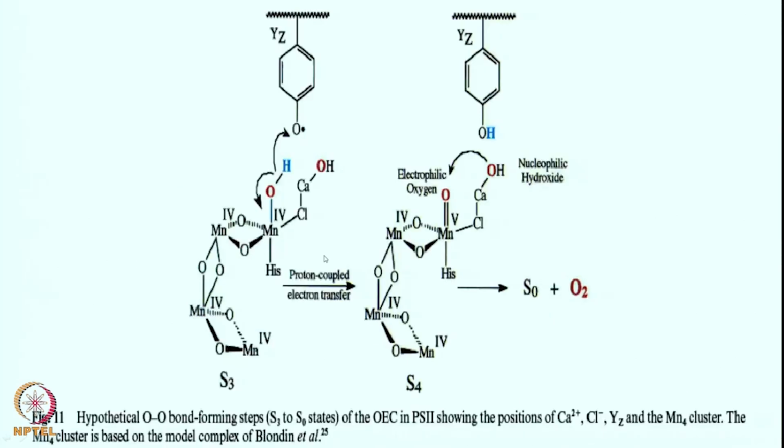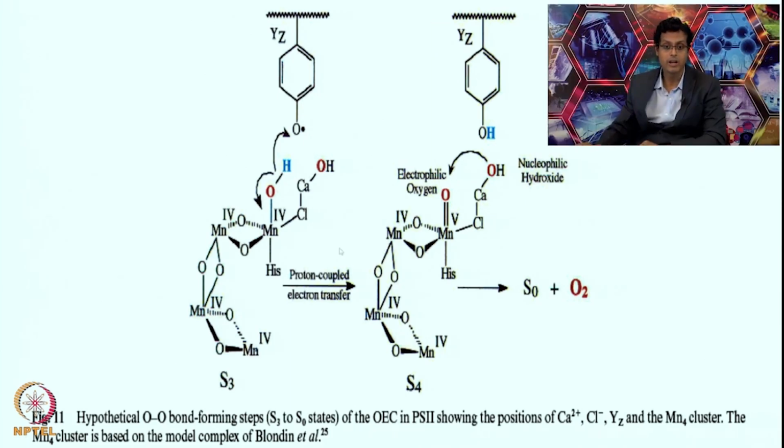Let us look at yet another quite interesting proposal that has been discussed by Blondin et al. This is actually the tyrosine radical, from the tyrosine phenol unit, which is involved in the overall manganese oxo species formation. For instance, this manganese 4 hydroxo that is generated in the process.